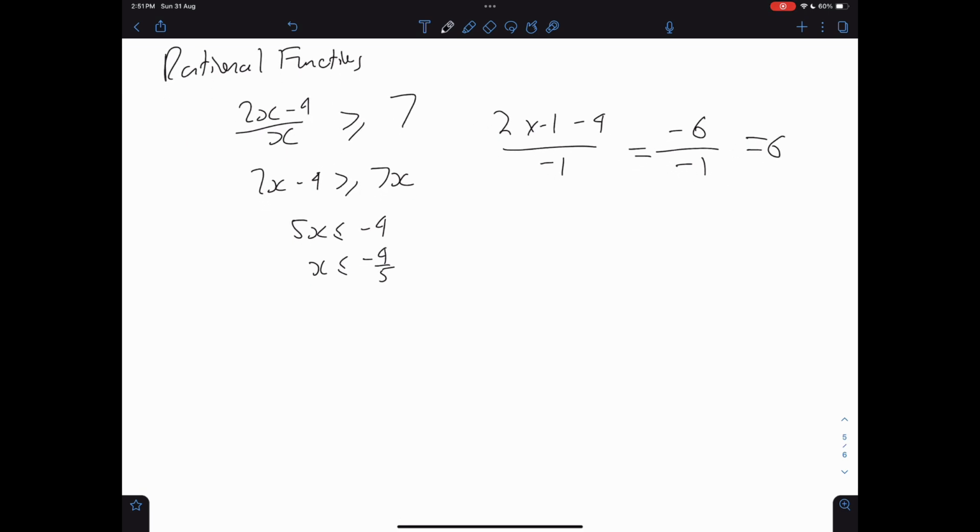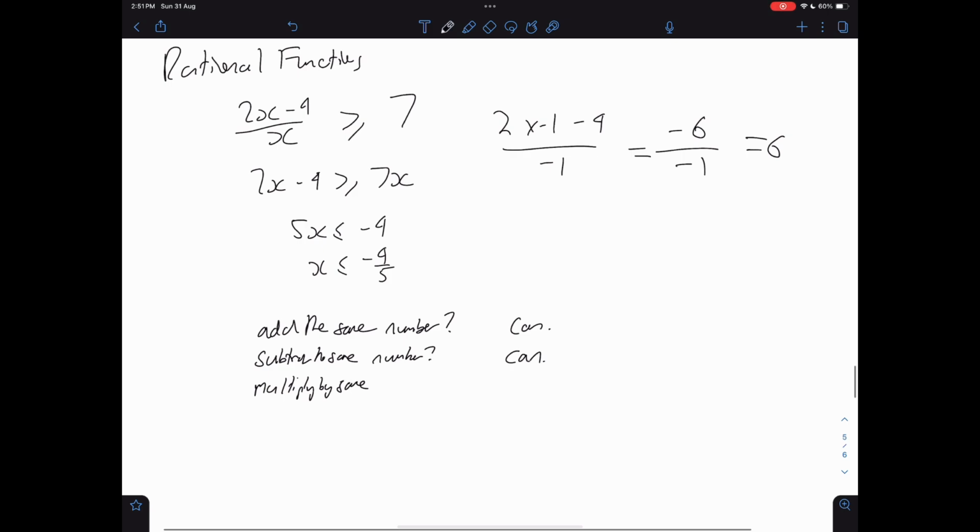That just comes back to the rules of what you can and can't do with inequalities. Add the same number? Can. Subtract the same number? Can. Multiply by the same positive number?